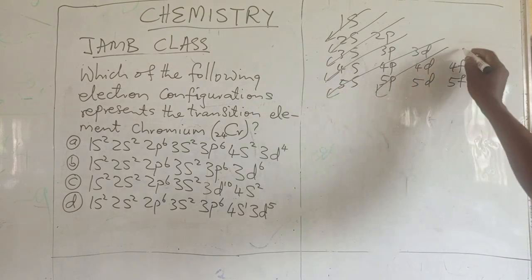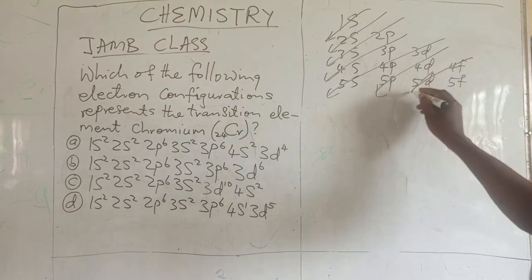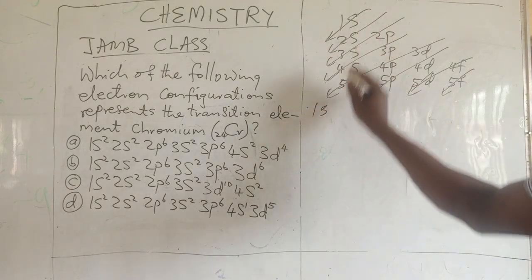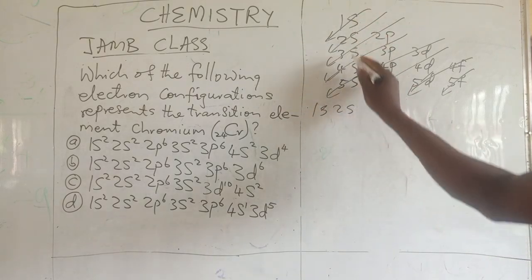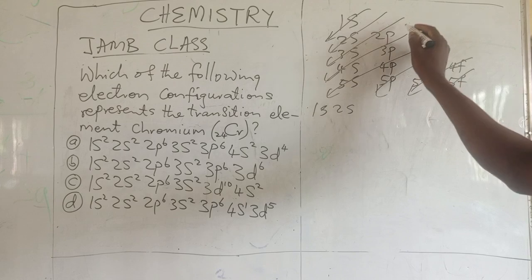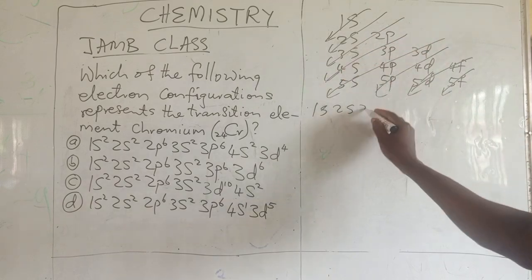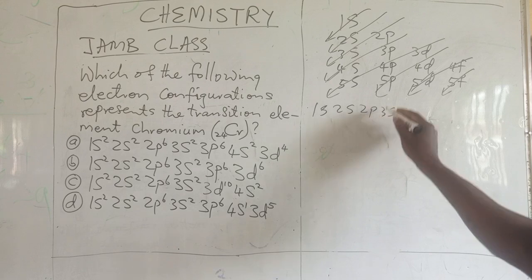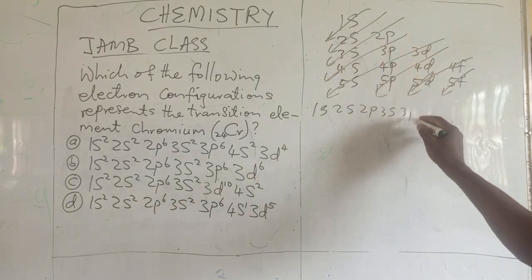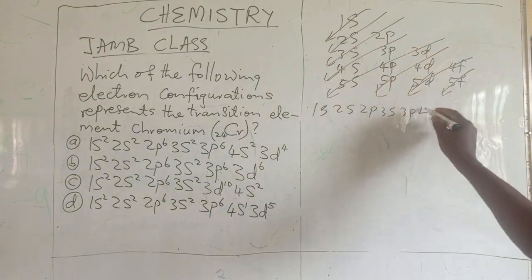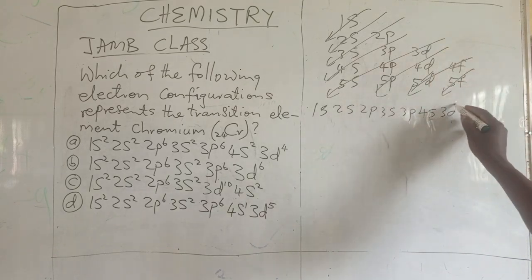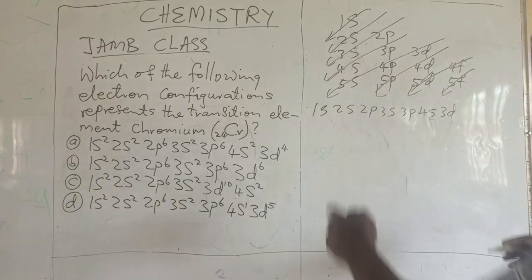By the time you use this arrow and cross them this way, you will know what to do. Take them 1s, 2s, then follow the arrow: 2p, 3s, 3p, 4s, 3d, and so on till you get to the end.